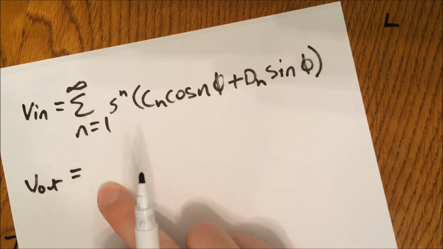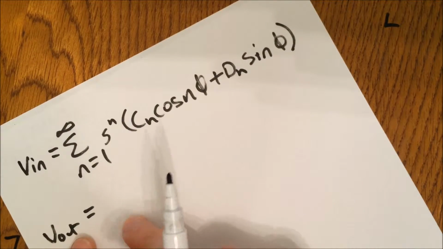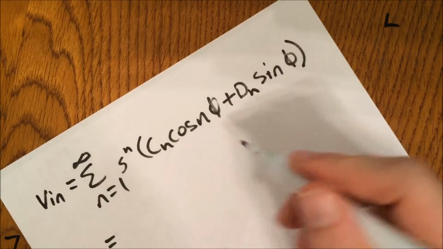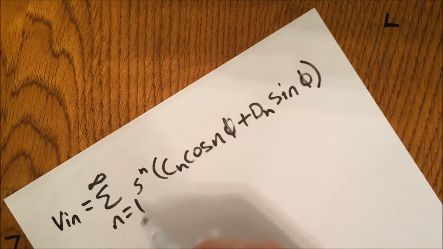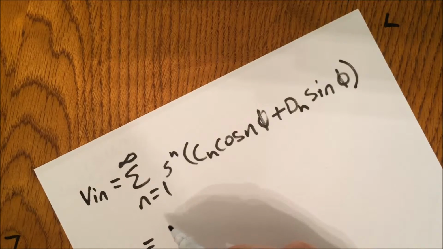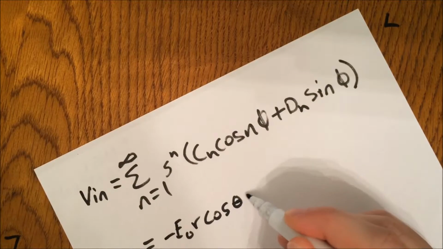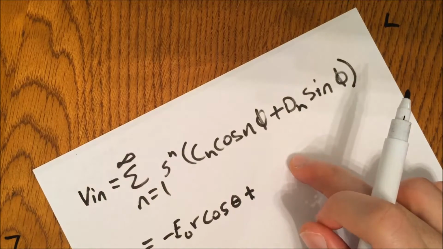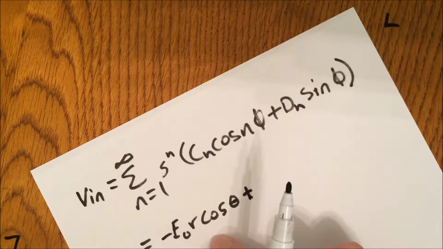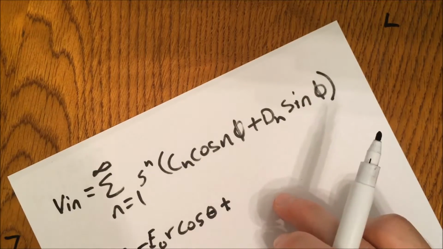And on the outside, I used equation 4.45 in Example 4.7, which has to do with one of the boundary conditions. It says that the potential on the outside is equal to E naught r cosine theta plus your potential function. Don't honestly understand why, but it does.